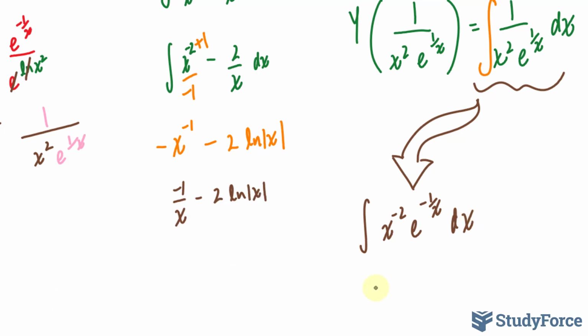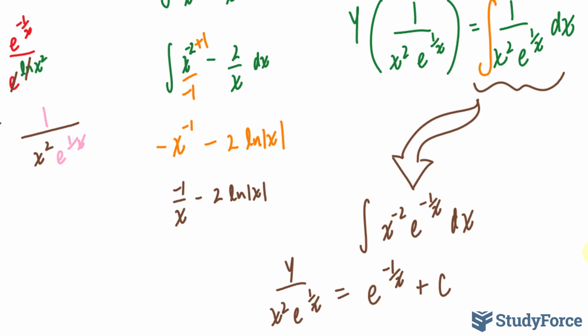You'll end up with e to the power of negative 1 over x plus c. Now putting all of this together, the left and the right side, we have this as our left side, y over x to the power of 2 e to the power of 1 over x is equal to e to the power of negative 1 over x plus c.